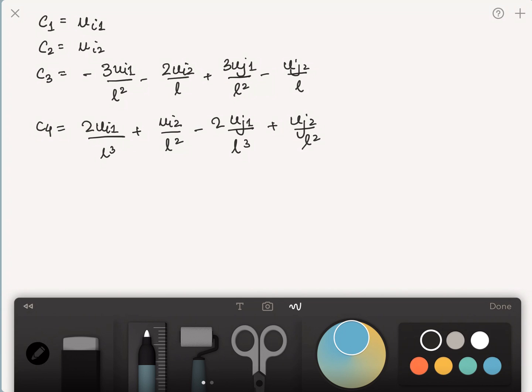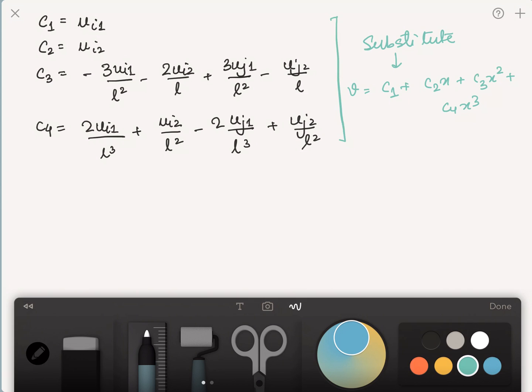So we are going to substitute this into the assumed displacement function, that means v was equal to c1 plus c2x plus c3x square plus c4x cubed. So we will substitute the c's back here, and then reorganize it.